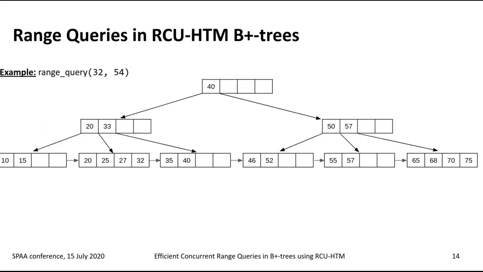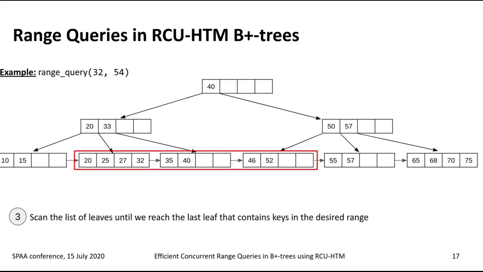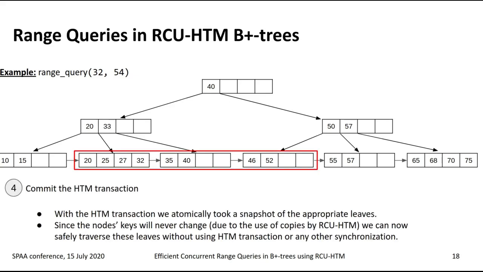An example range query is shown here. So we first perform the typical traversal of the B+ tree, then we start an HTM transaction and scan the list of leaves until we reach the last leaf that contains keys in the desired range. Finally, we commit the HTM transaction, and then we can safely read the keys from these leaves.